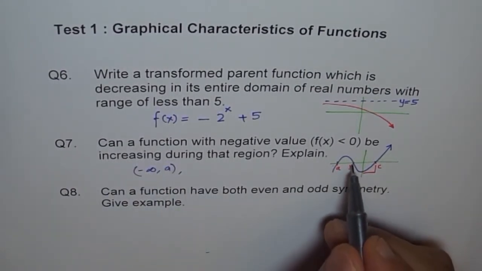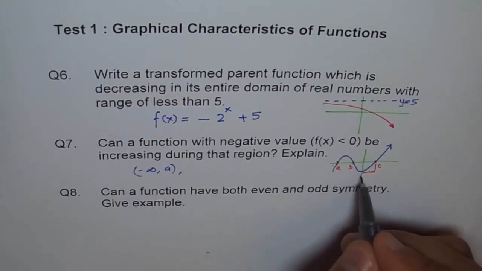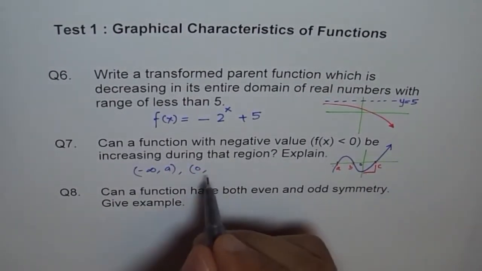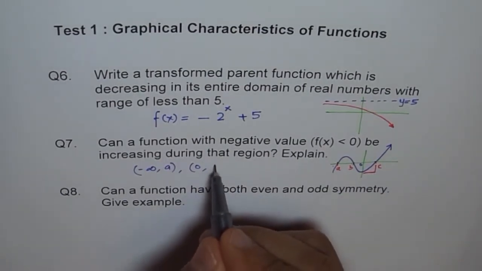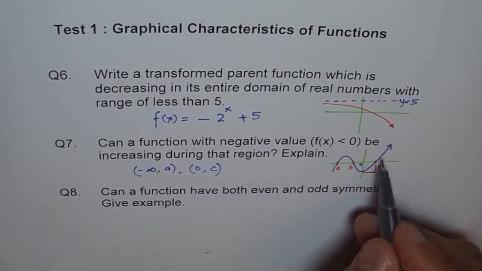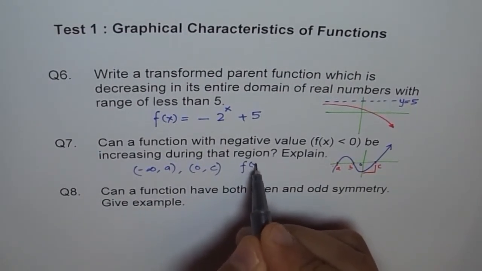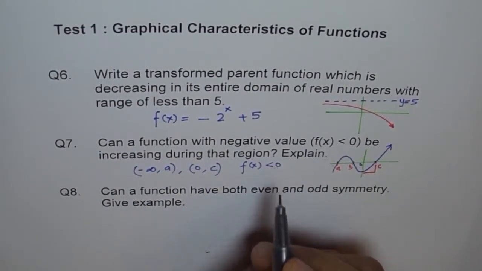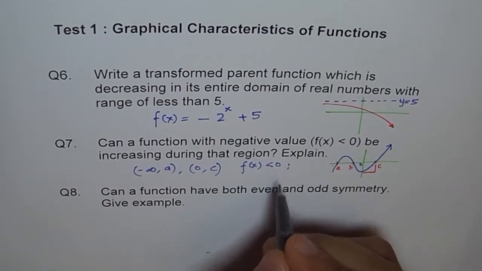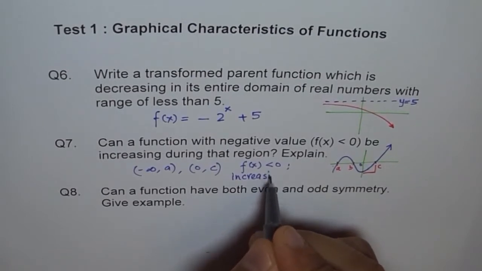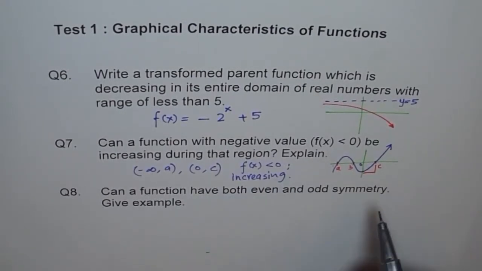And also increases from, let's say this is 0, from 0 to C, right? It is increasing thereafter also. So during this region, we see that f of x is less than 0, but it is increasing, right? So it is always possible, correct? That's the solution.